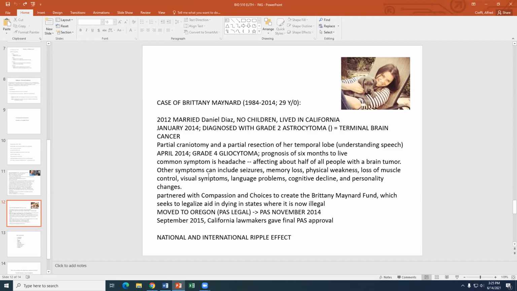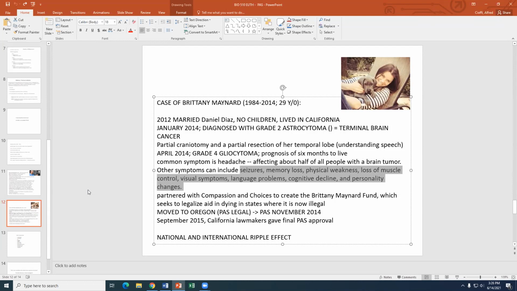Beyond the headaches, it also includes seizures, memory loss, physical weakness, muscle tone, muscle control, visual impairment, language, cognitive decline, personality changes. It goes on and on because it's affecting the cortex and conscious activity and so forth. So it's very, very debilitating, fast moving, and painful.